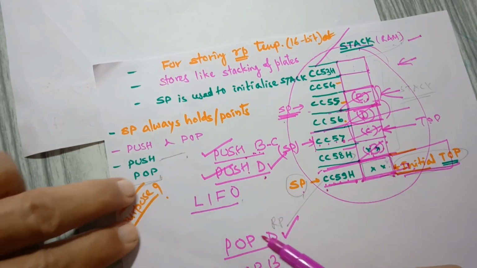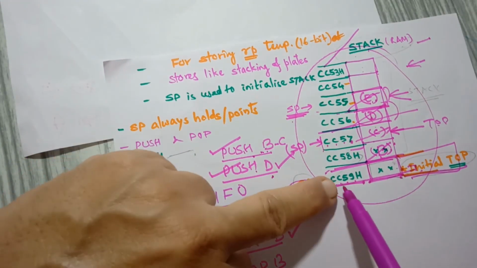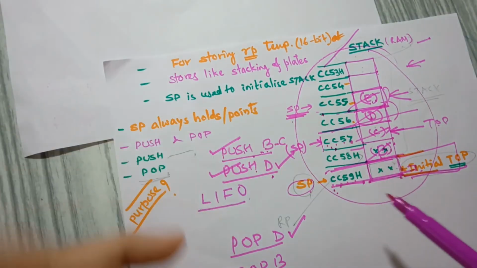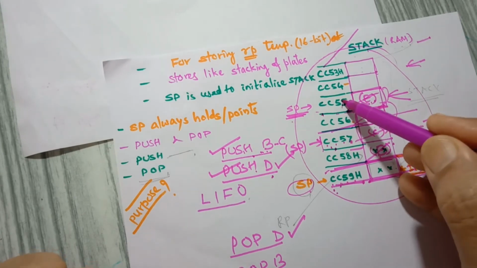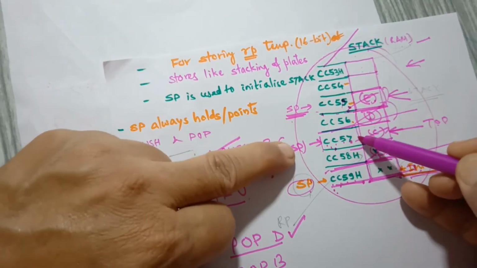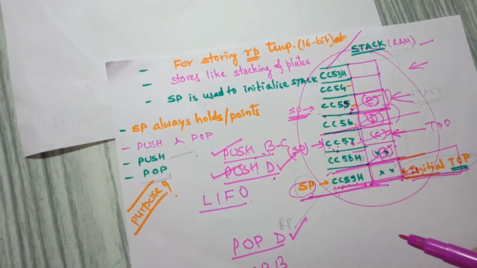When 16-bit data is pushed to the stack, the stack pointer gets decremented by 2, याची 2ने व्हॅल्यू कमी होते. पुन्हा पुश केलं की 2ने कमी होते. पण पॉप केल्यानंतर काय होतं, स्टॅक पॉइंटरमध्ये असलेला जो ॲड्रेस आहे तो 2ने वाढत जातो. So this is the purpose of the stack pointer.